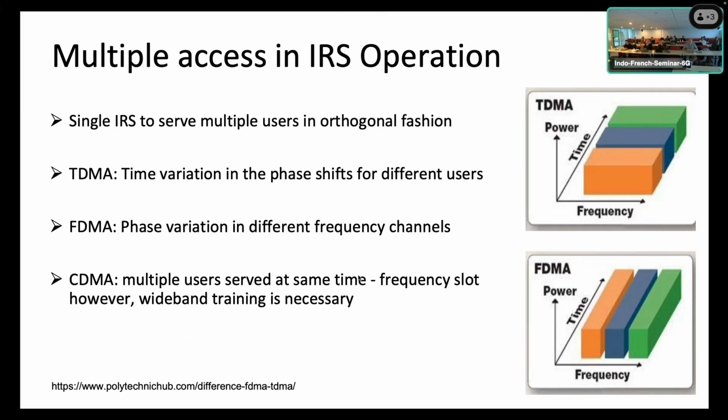Then there is frequency division multiple access, where different users are served on different frequencies. We don't have any issue in the magnitude spectrum, but the phase spectrum will have different values.